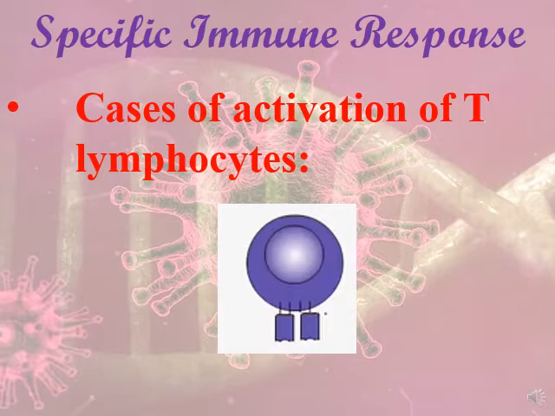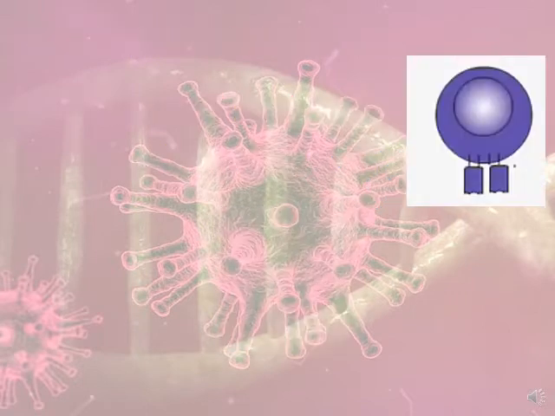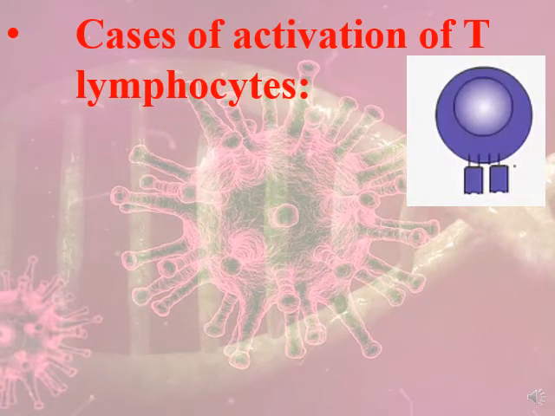T lymphocytes are killer cells. They kill using their TCR, T cell receptors. T lymphocytes are activated when?